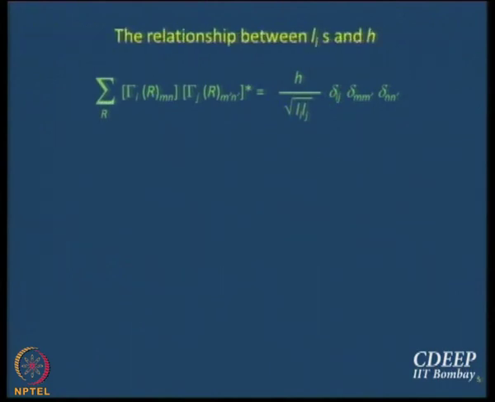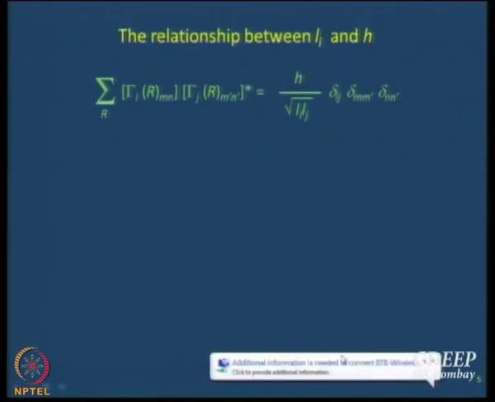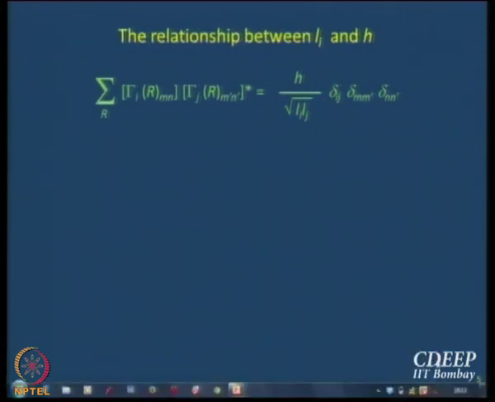The first one is the relationship between Li and H. I think it is bad idea to write Li's. Li is enough. Otherwise, you might think that S is something like Li and H. So, the relationship between Li and H. What is Li?